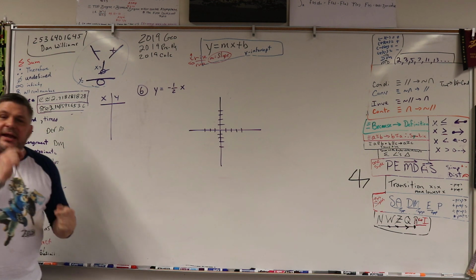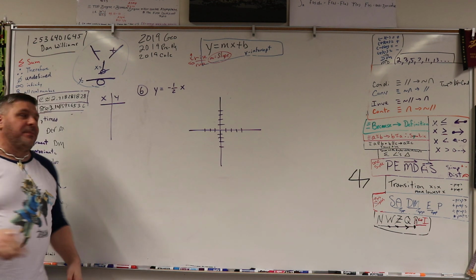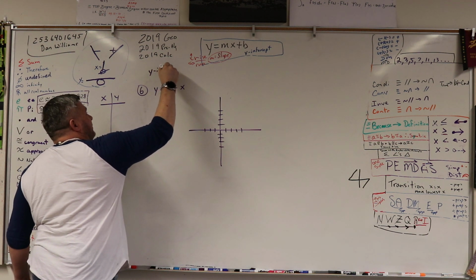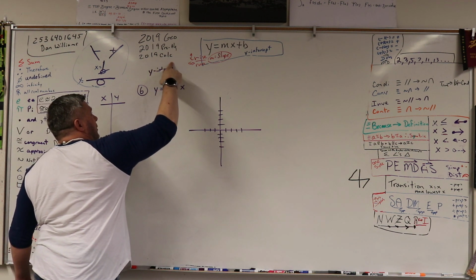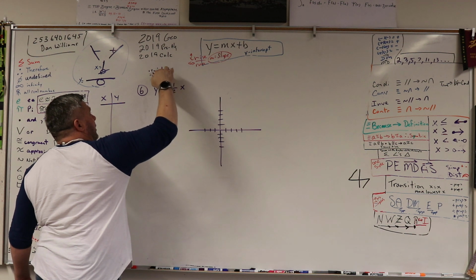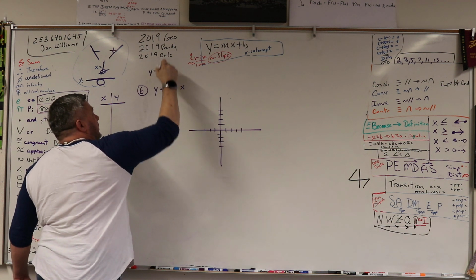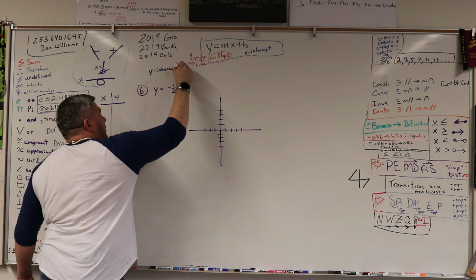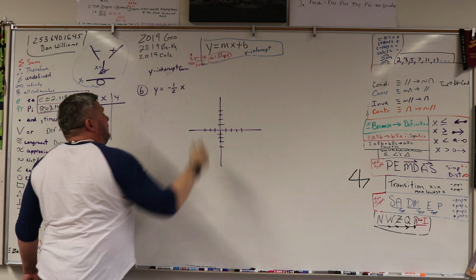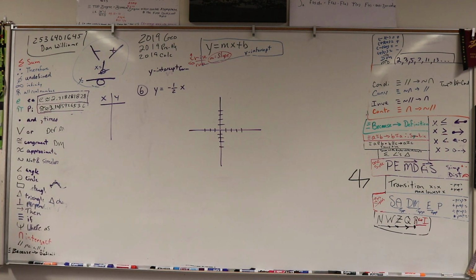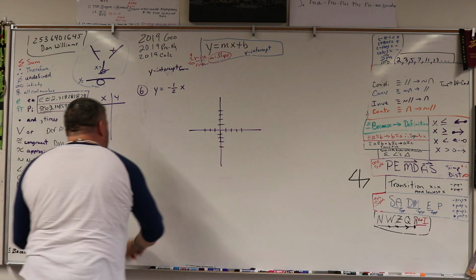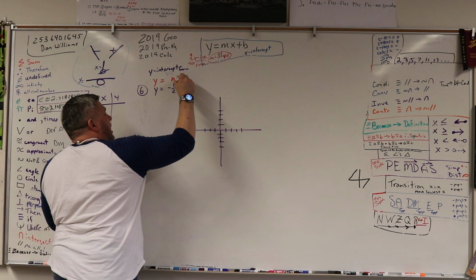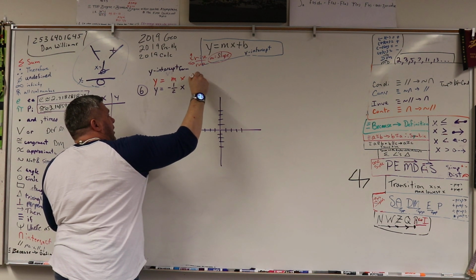It's what we call y-intercept form. Okay? So it's already set up. In other words, y equals mx plus b.